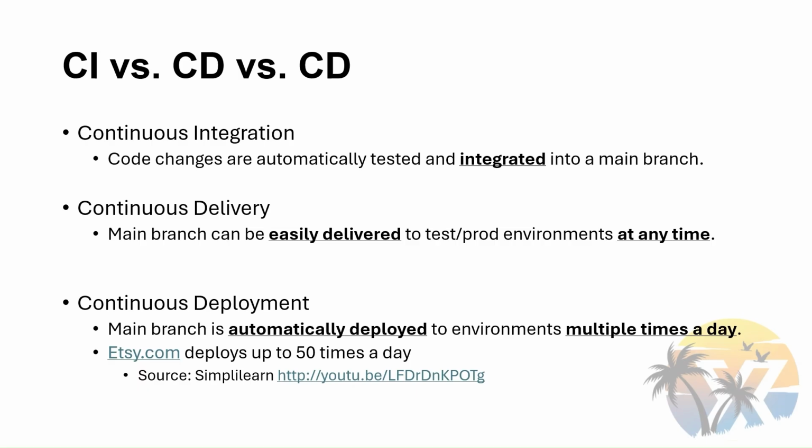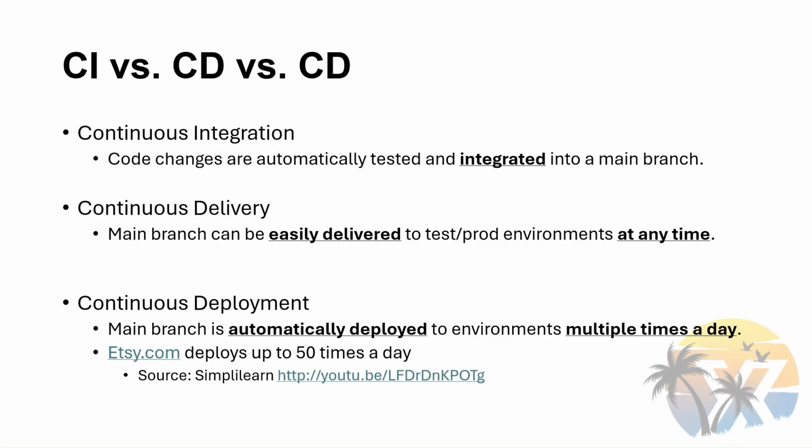So that's continuous delivery. Continuous deployment is that main branch is automatically deployed, as I would assume, after the integration tests pass. So main branch is automatically deployed to environments multiple times a day. An example I heard in one YouTube video was that Etsy deploys a new version of its website up to 50 times a day.